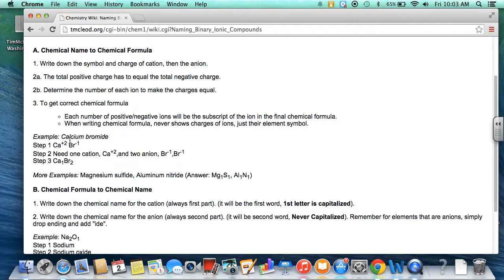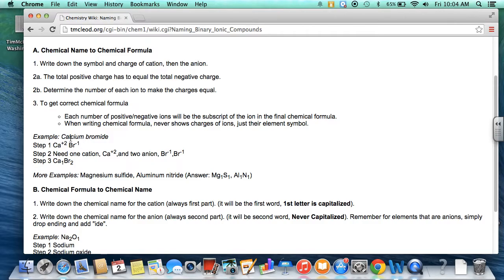The chemical name is calcium bromide, and it follows the regular rules for naming compounds. The first letter of the first word is always capitalized. The first letter of the second word is never capitalized. So to find the chemical formula, the first thing you need to know is what the ions are. The first word is always the cation.